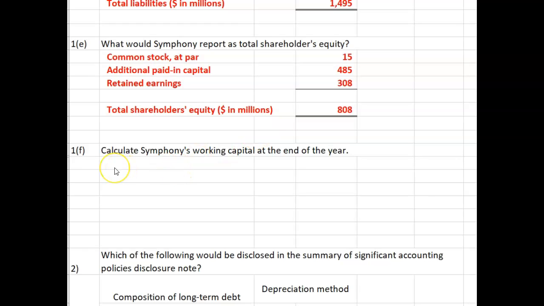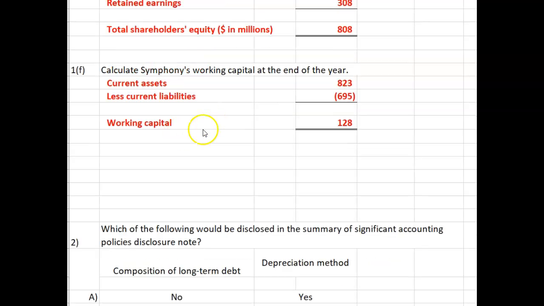And the last of problem number 1 for Symphony is calculate Symphony's working capital at the end of the year. Please pause your video, do that calculation, then start the video again to check your work. Well, working capital is calculated as current assets minus current liabilities.